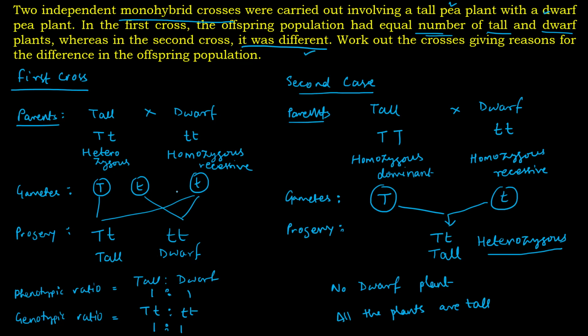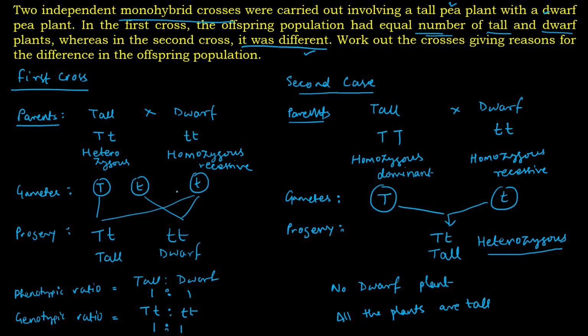So that's your first case, where we are talking about a tall plant that is heterozygous crossing with a homozygous recessive plant, and we are getting a ratio of 1:1 for both the genotype and the phenotype. Whereas in the second case, again we are talking about a tall plant and a dwarf plant, but the tall plant here is homozygous dominant.